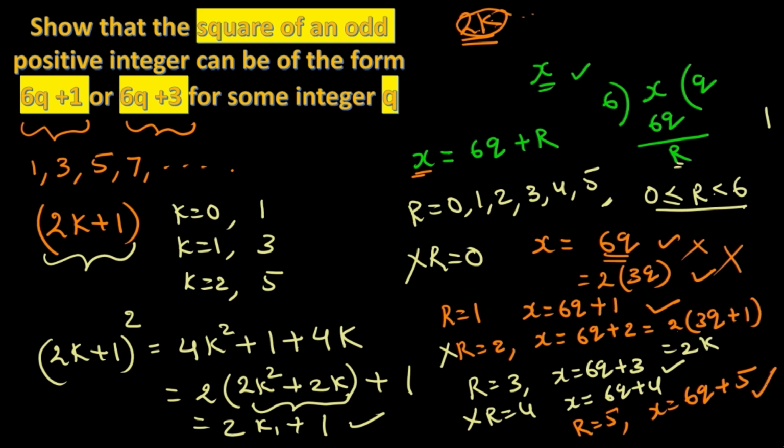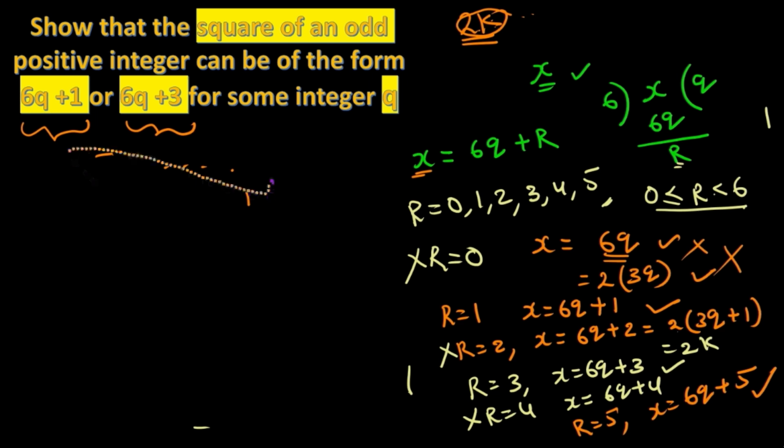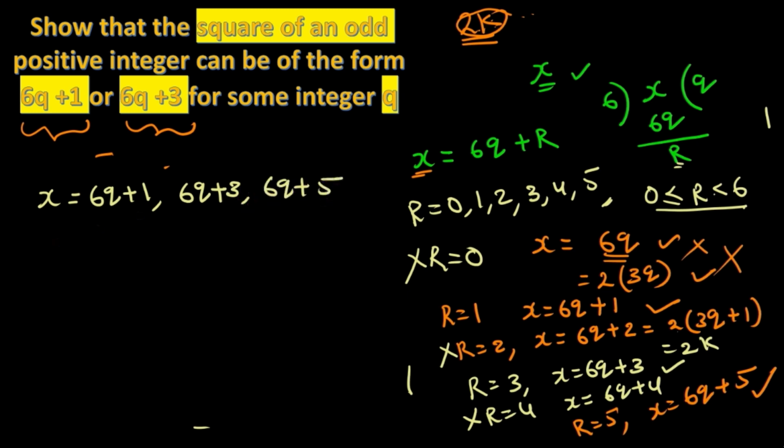So the possibilities, I will erase this one. The possibilities of odd numbers for x can be written like 6q plus 1 and 6q plus 3 and 6q plus 5, right?